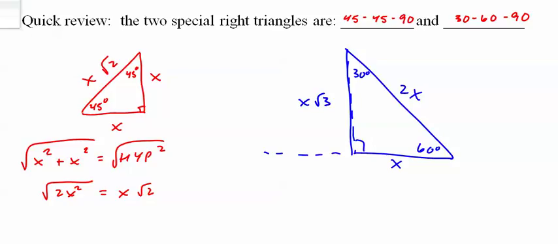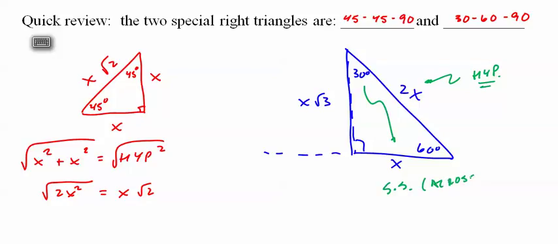So how do we remember this? Hypotenuse is the 2x. I like to call this the short side. It's across from the 30.